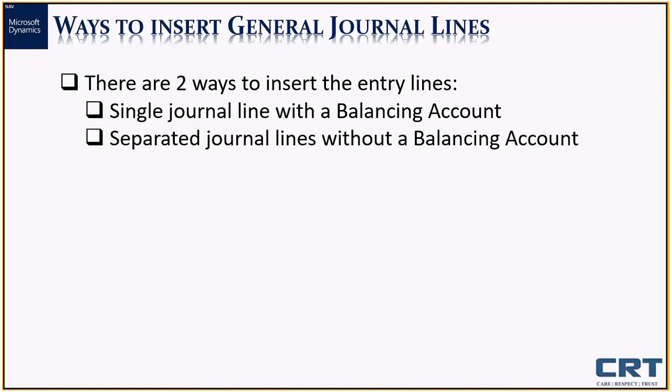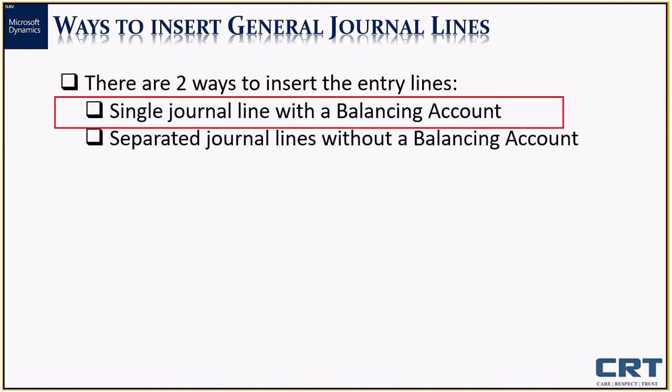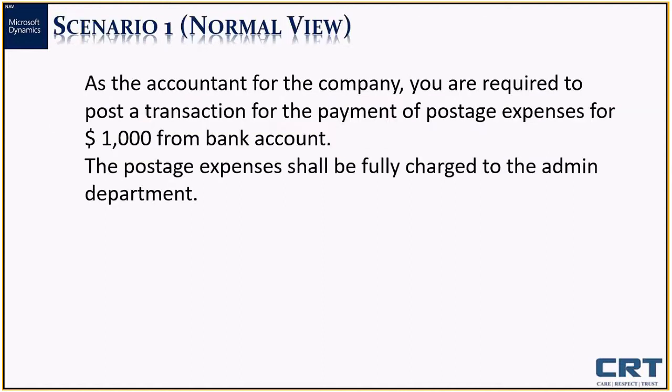Then the other one, we will break the journal lines into two lines without assigning any balance account for these two lines. Okay, so we will have a very quick go through for these two ways of inserting the journal lines. Okay, so let's go through the first method first, which is both the credit account and the debit account inserted into the same line.